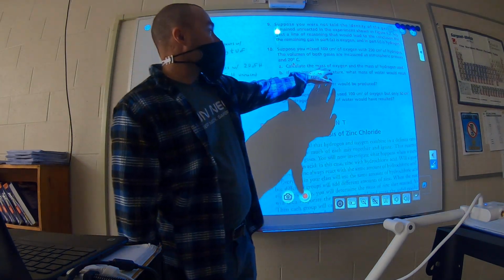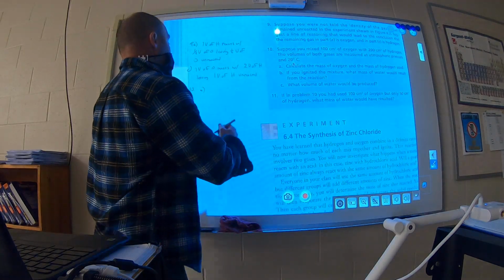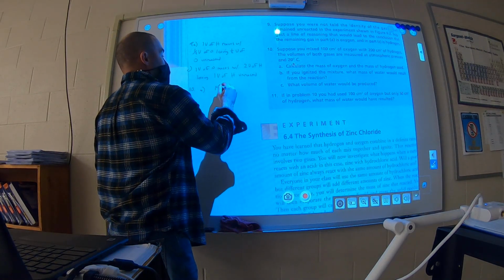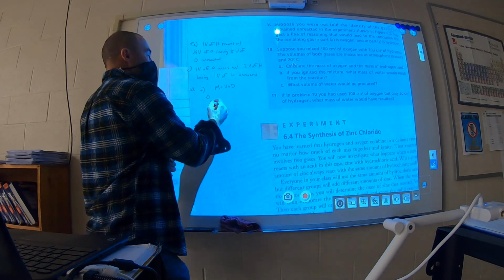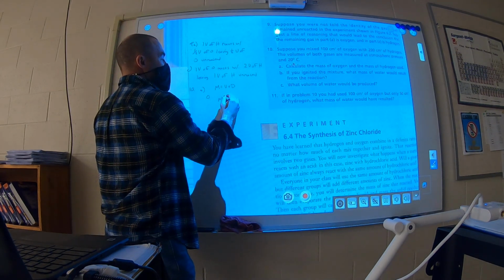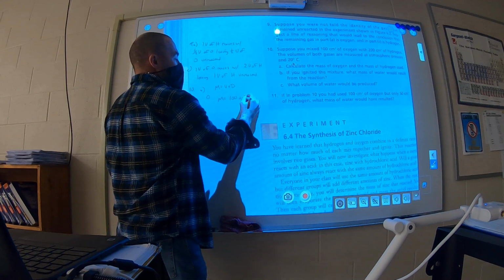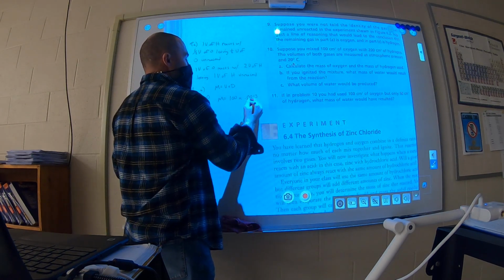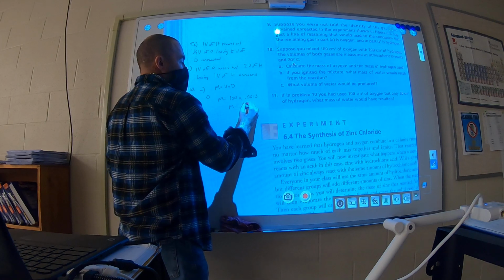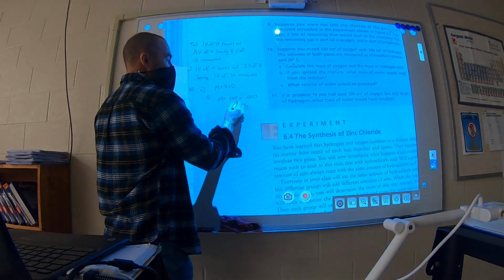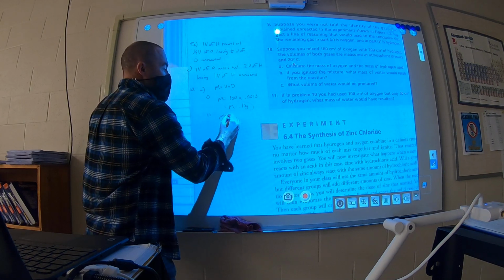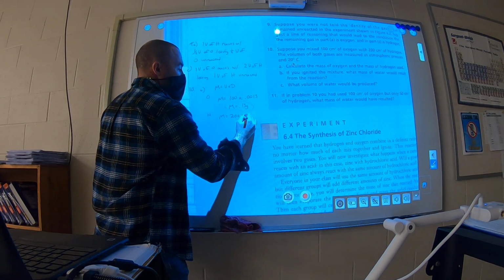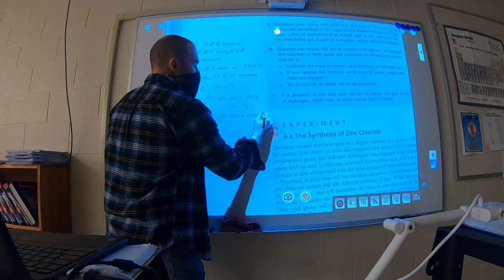So A, it says calculate the mass of oxygen and the mass of hydrogen used. So here's the equation. M is equal to V times D. So for O, M is equal to 100 times the density of O, which is 0.0013. That's easy math. It's 0.13 grams. And then for H, M is equal to 200 times 0.000084.